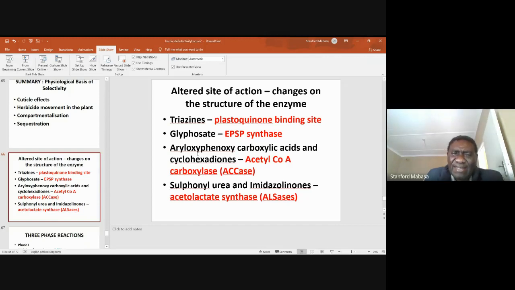In all these herbicide groups, it's the enzymes which are causing selectivity. In some cases, they actually account for herbicide resistance in grasses. That is the sort of selectivity which the farmer may not want.